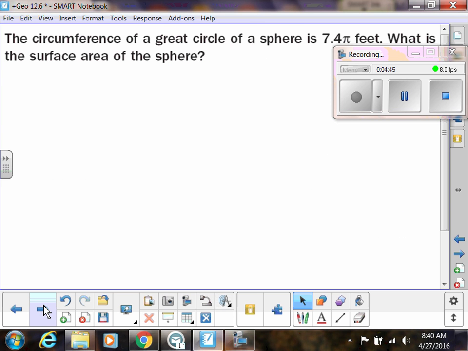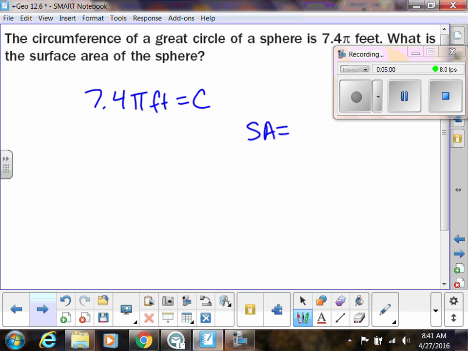All right, so now let's look at this problem. We have the circumference of a great circle of a sphere is 7.4 pi feet. So we want to know what is the surface area. Well, for surface area, we need the radius. So we're going to use the circumference to help us find that. Remember, circumference is equal to 2 pi r.